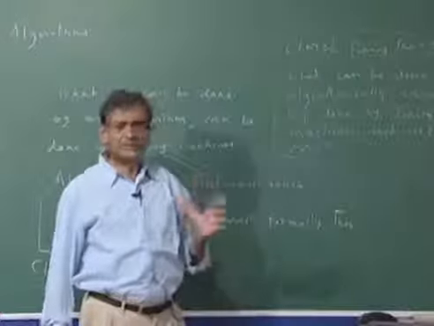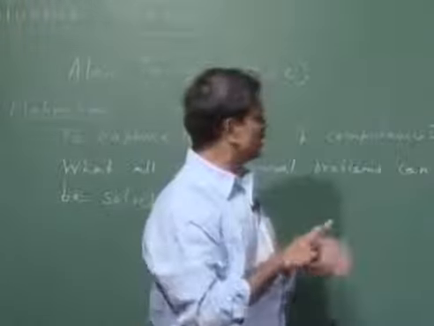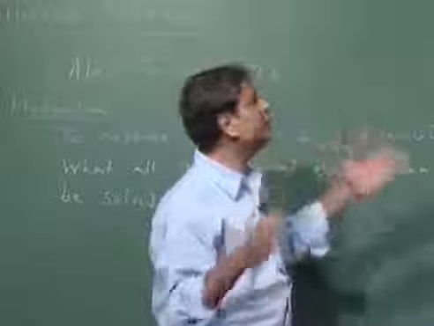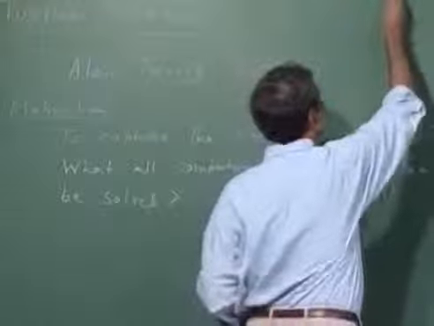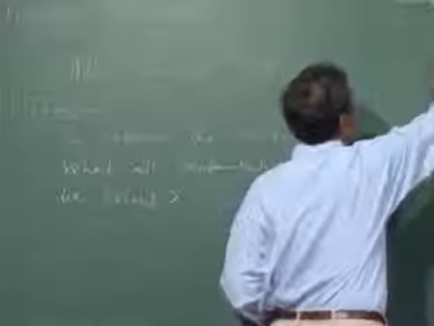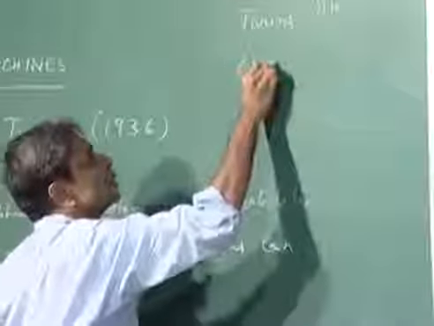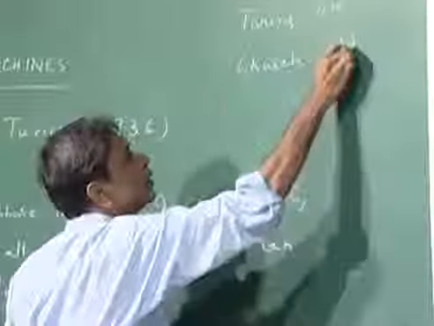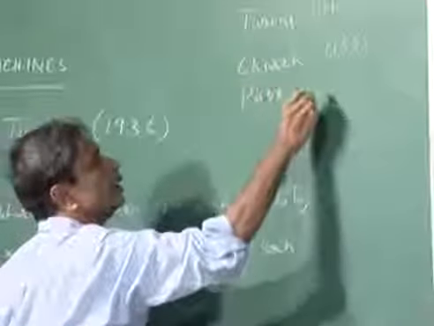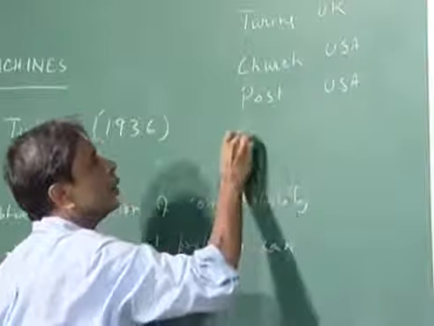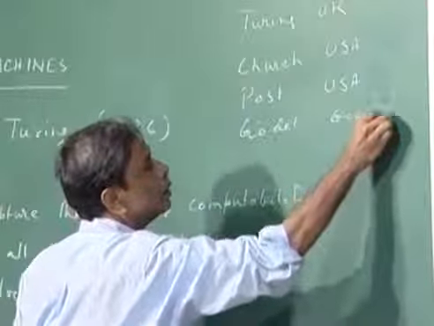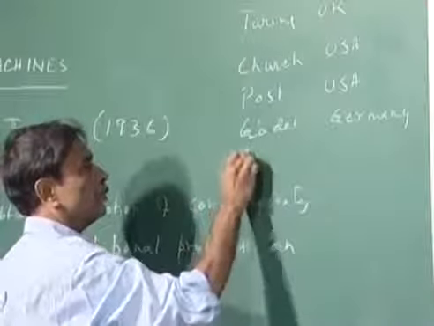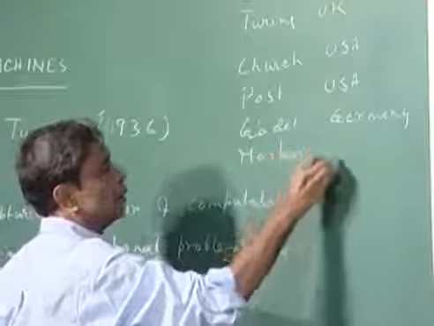It is because at around the same time, at around 1936, there were let us say 5-6 other people in different countries. For example, Turing himself was in UK, Church in USA, Post in USA, Gödel in Germany, and Markov in USSR.